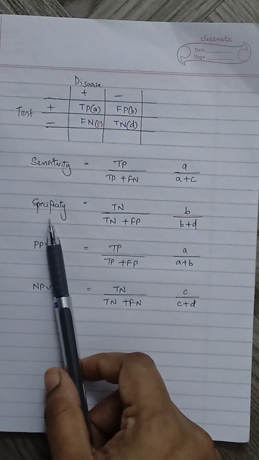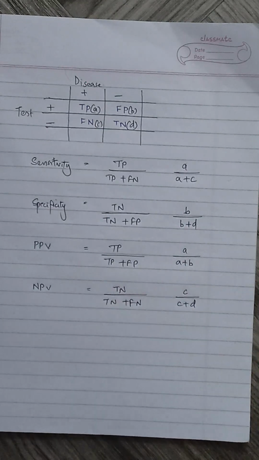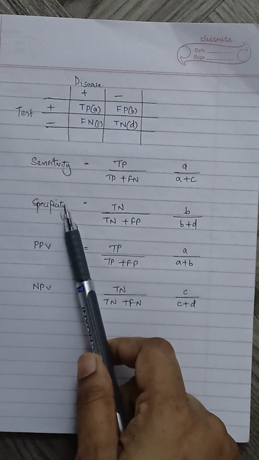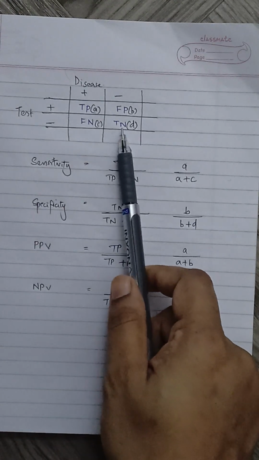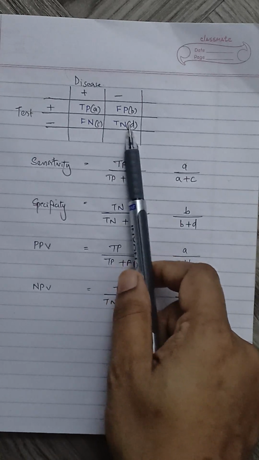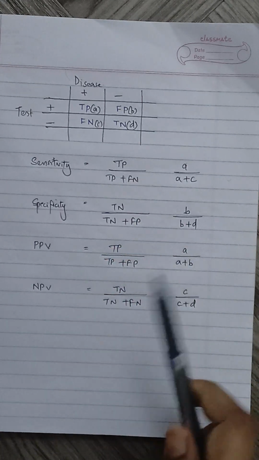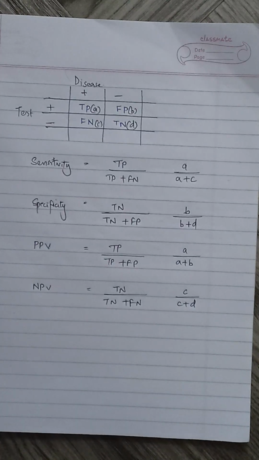How about specificity? Specificity is a measure of true negatives. So if the test is 100% specific, that means we'll have true negative as 100 and false positive as 0. That means we will not test positive for a patient who actually does not have the disease.